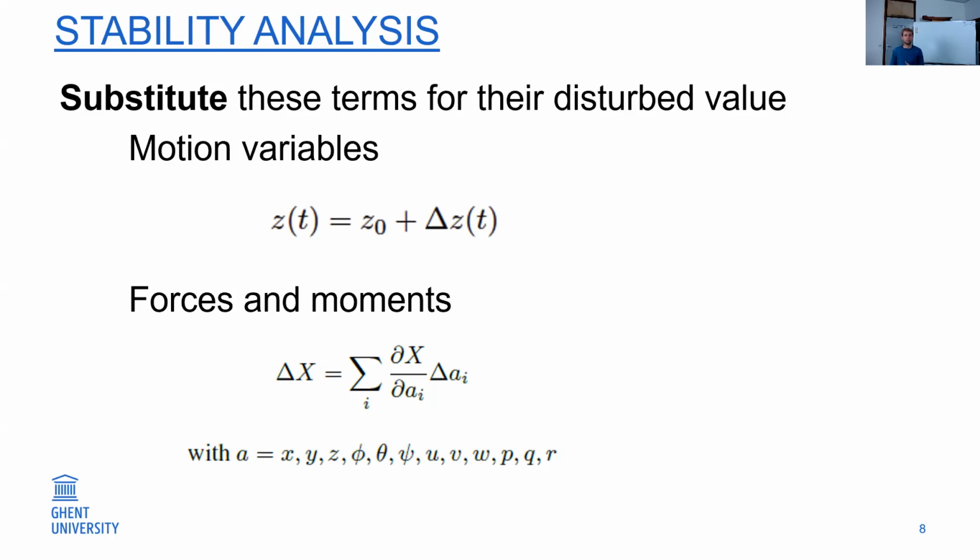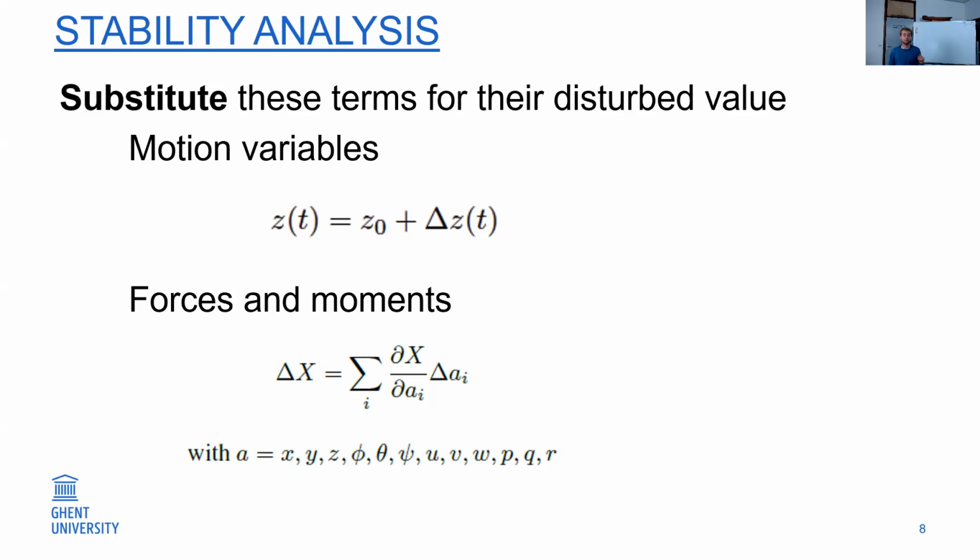For the forces and moments, it is not as straightforward, as they are a function of the flow field and therefore cannot be directly substituted and written out in these disturbances, because we don't know them. They are a function of the flow field. That is why we substitute them with a first order Taylor approximation, where we have a force derivative times this disturbance value, big delta a_i.